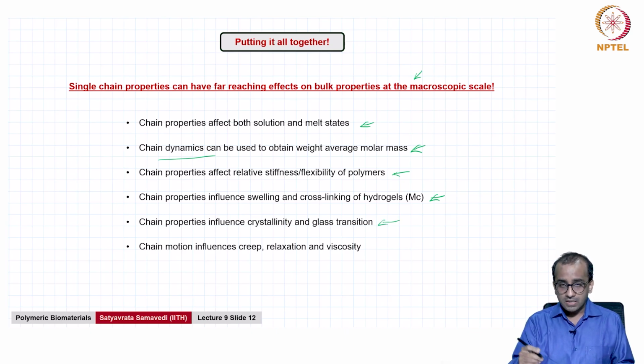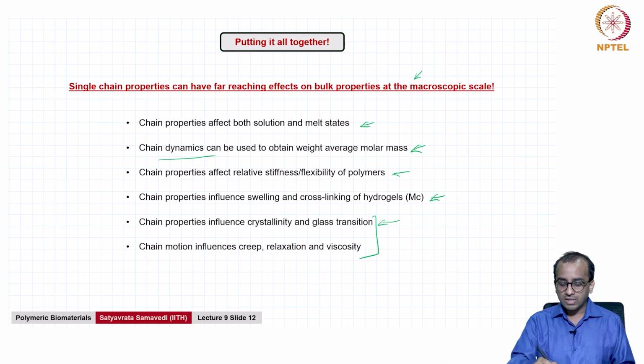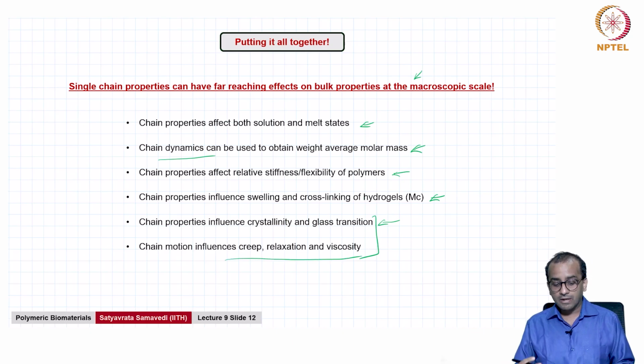And again, single chain properties can influence other bulk properties such as crystallinity and glass transition, some of which we will look at in later lectures, and also other bulk behavior like viscoelasticity and more specifically creep and relaxation.